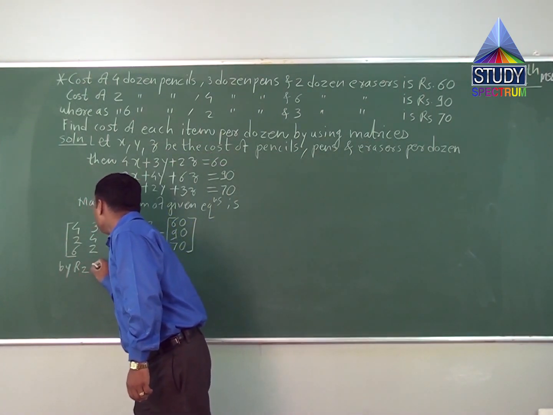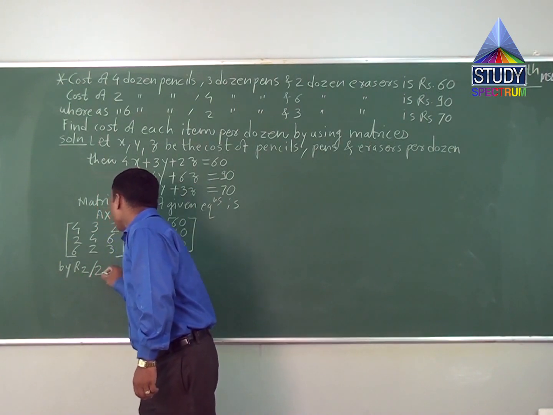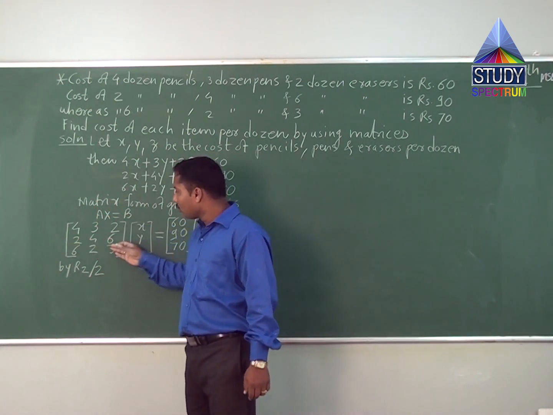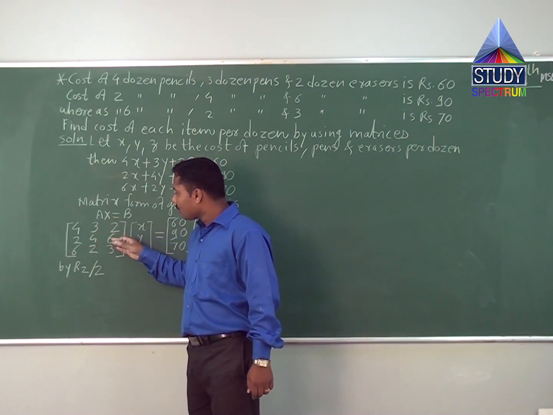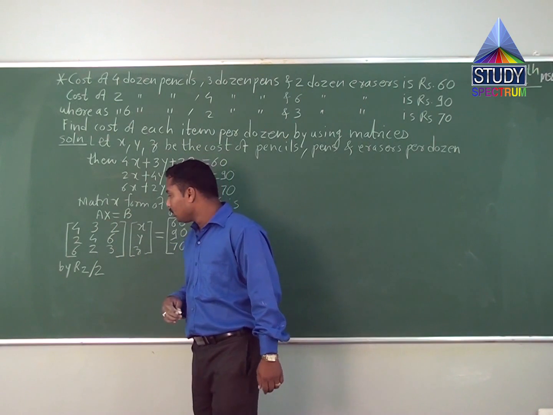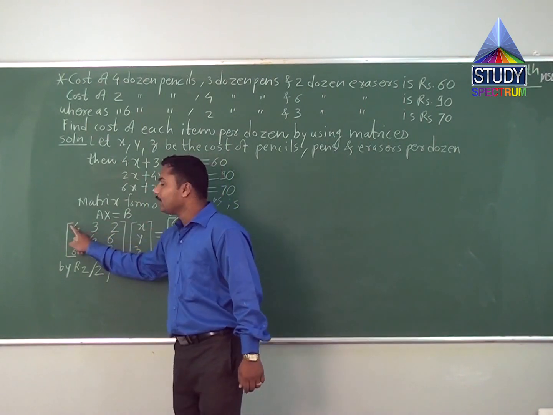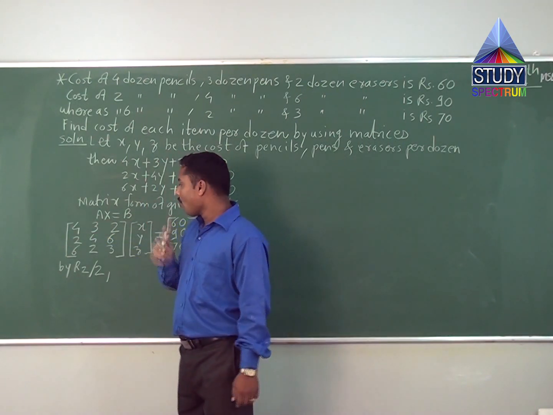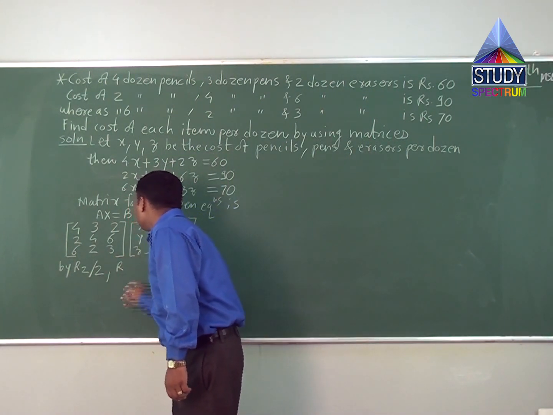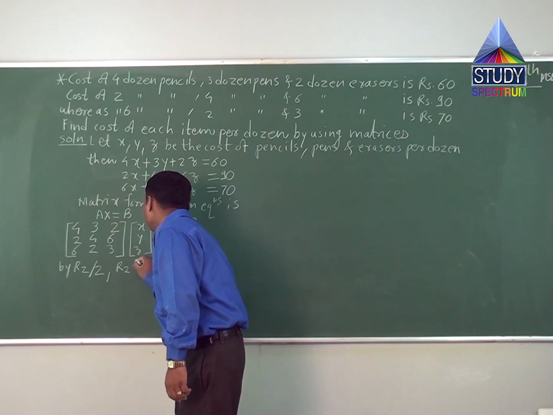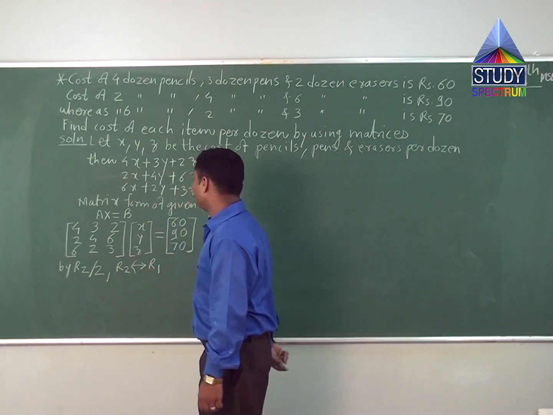R2 divided by 2, and R2 interchanged with R1. So we get number 1 at this place.